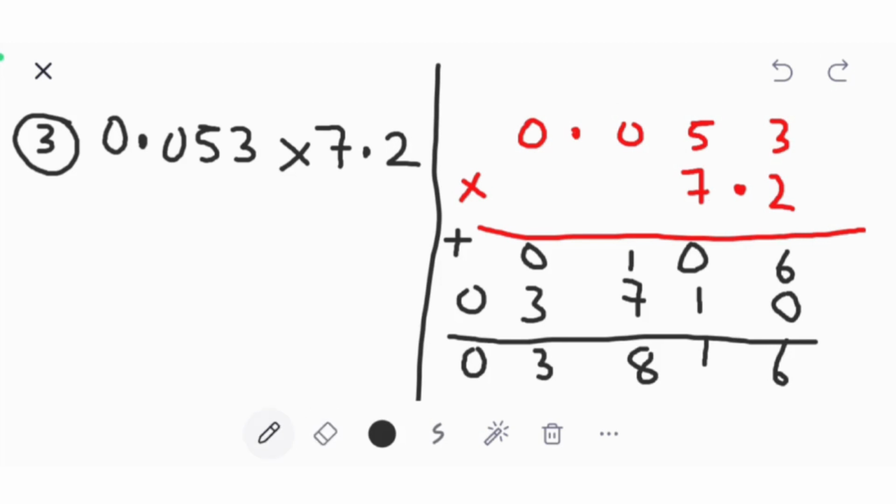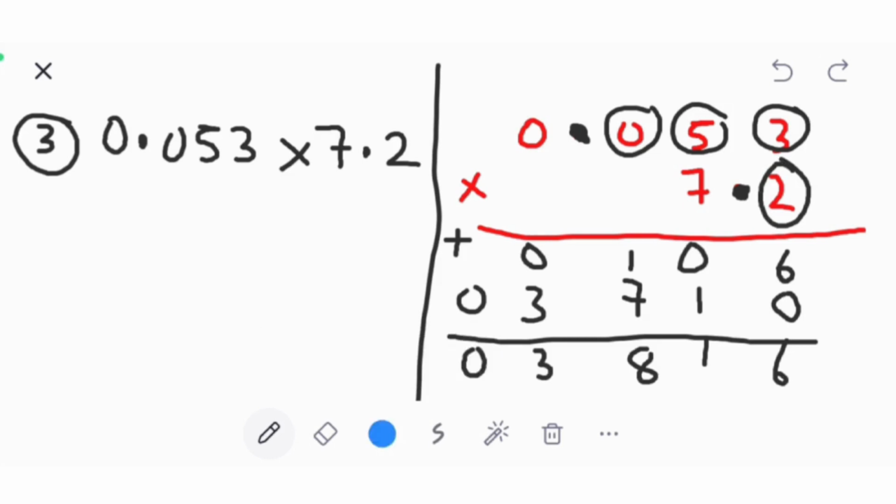Now, after this black dot, how many digits can you see? There are 3 digits after the black dot, which are 0, 5, and 3. After the second black dot, how many digits can you see? We only have 1 digit, which is 2. So how many digits did I circle altogether?